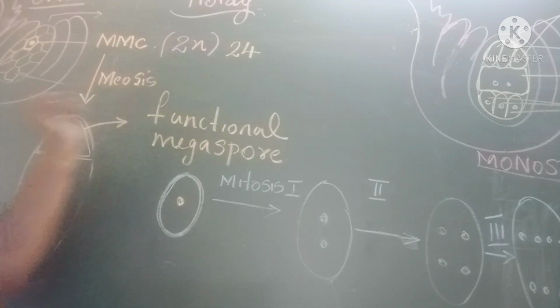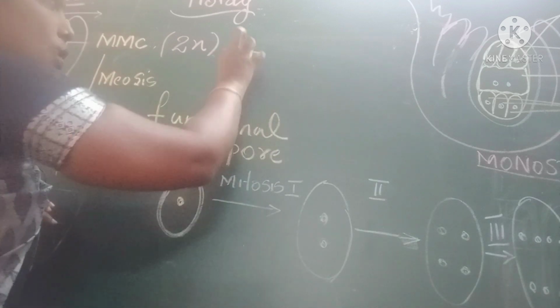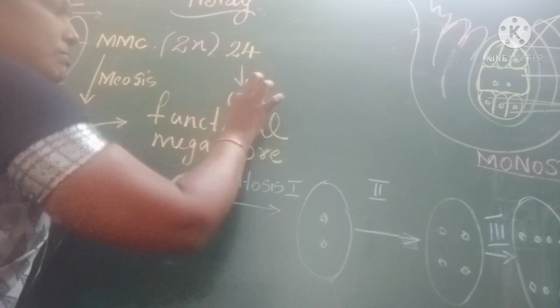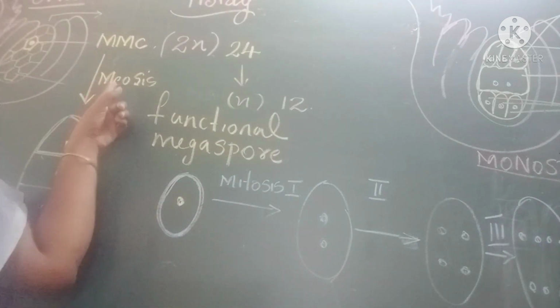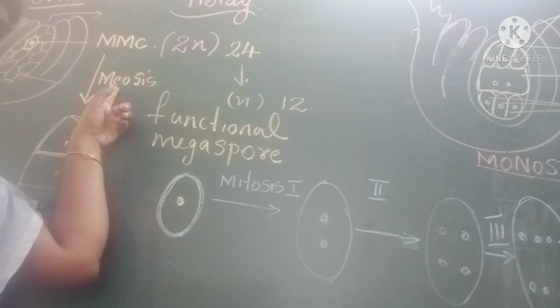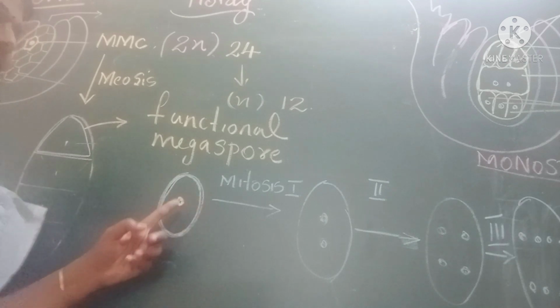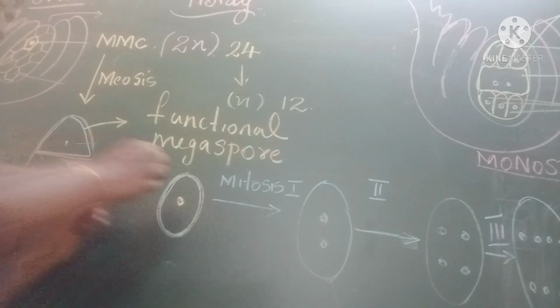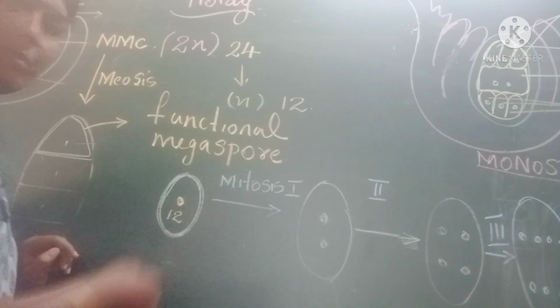And when it undergoes reduction division, the functional megaspore should consist of what? The chromosome number becomes half, 12, because it is undergoing reduction division. So the megaspore should have chromosome number 12. Next it undergoes mitosis.